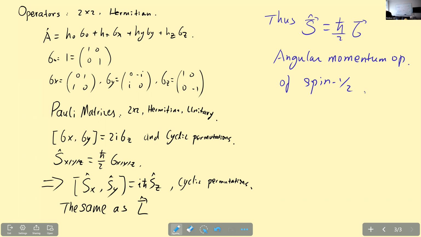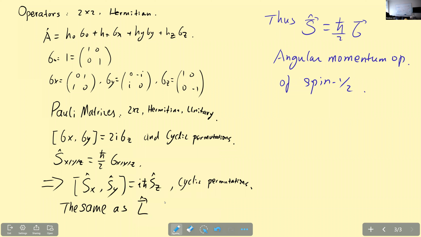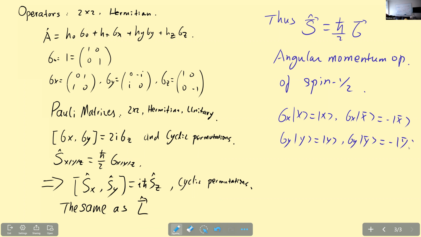And also we found that they actually have eigenstates, very intriguing as well. So sigma x acting on x equals just x. Sigma x acting on x bar just equals minus x bar. And sigma y acting on y equals just y. And sigma y acting on y bar equals minus y bar. And sigma z acting on z, of course, just z.